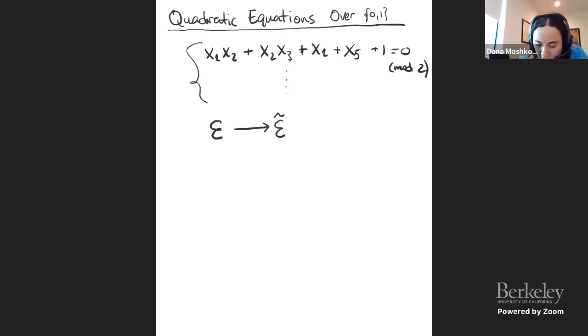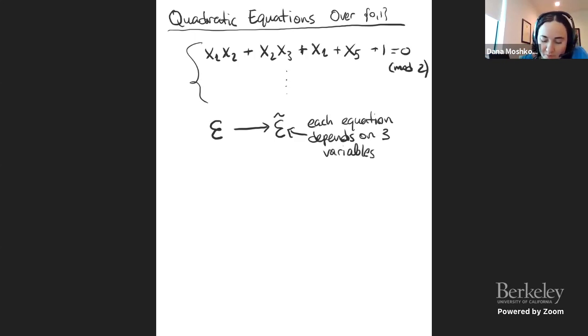And the thing is that here, each equation depends on 3 variables. For the initial system of quadratic equations, each one can depend on many of the variables, and in the new system, it's a sparse system, so each equation only depends on 3 bits, which is minimum.